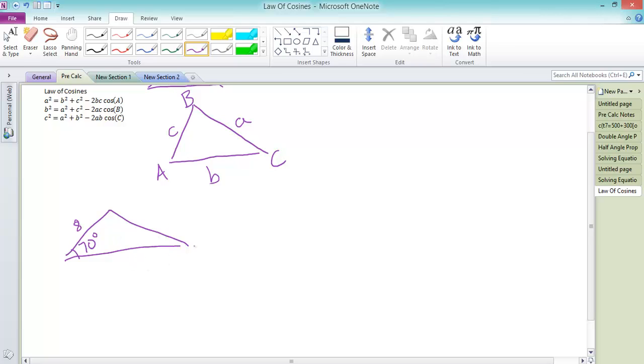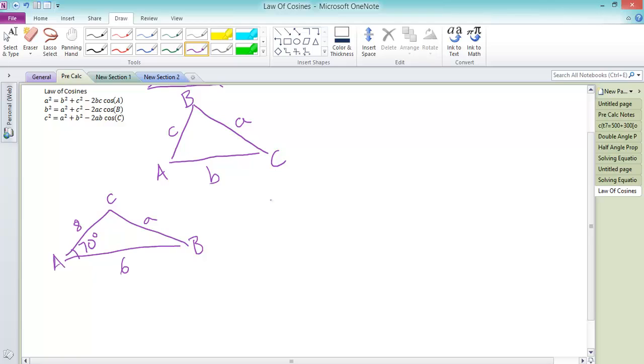We'll call that B. And side C is 6. So angle A was 70, side B was 8, and side C was 6. And I'm going to find the side length of A. So I want to know what little a is. I want to find out what little a is.